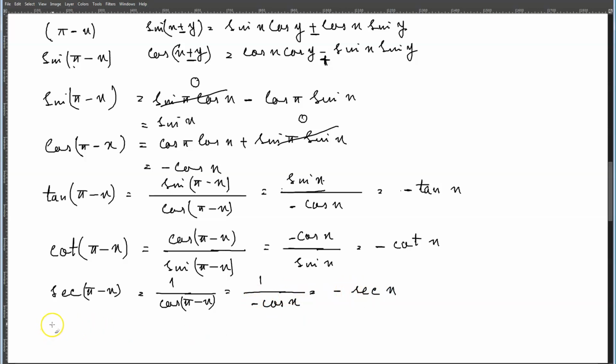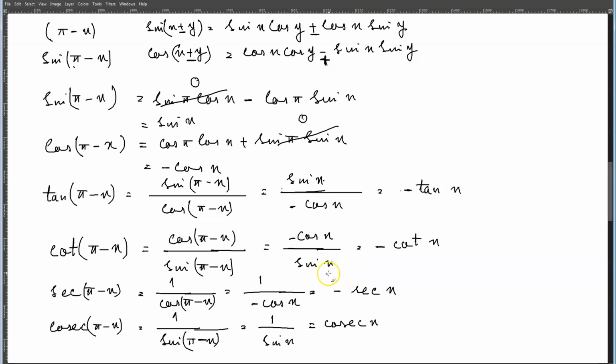And what is the cosecant of pi minus x? That is equal to 1 over sine pi minus x, and sine pi minus x is equal to sine x, so that is equal to cosecant x.